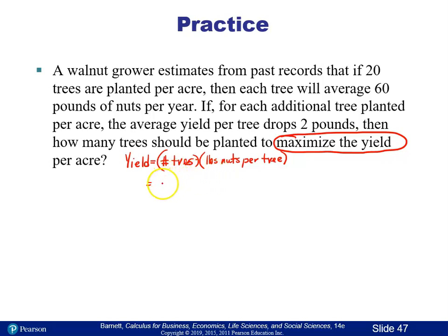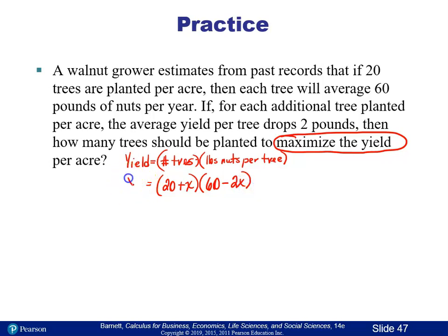So if we're starting out with 20 trees and we increase the number of trees, for every increase we're going to see a 2-pound drop in yield per tree. Normally we would expect about 60, but we lose 2 pounds per tree that's planted.